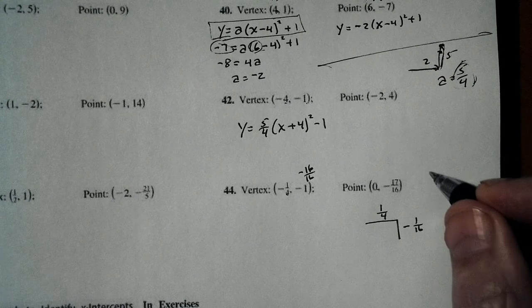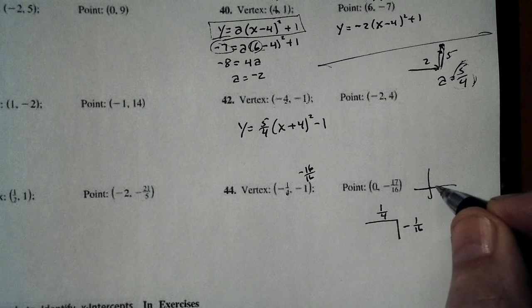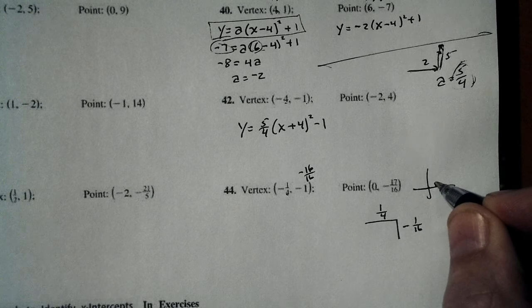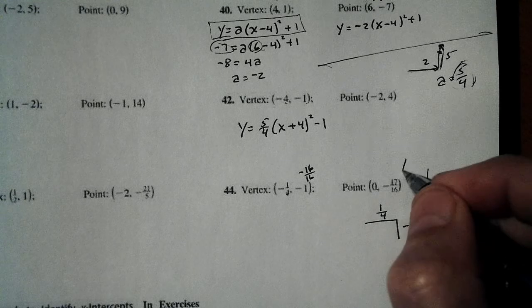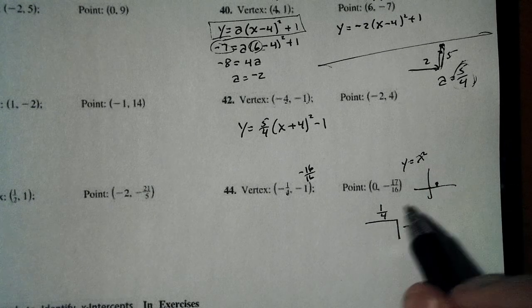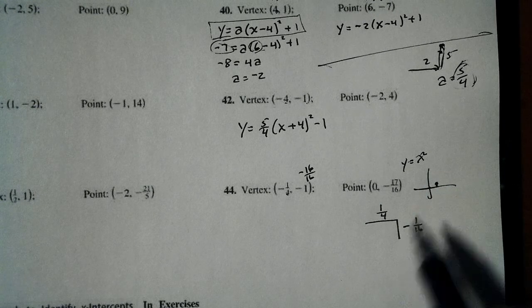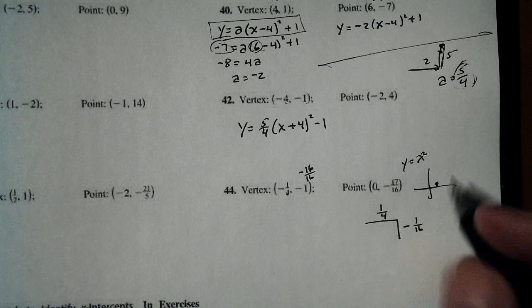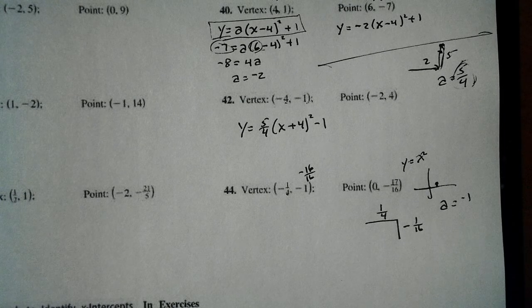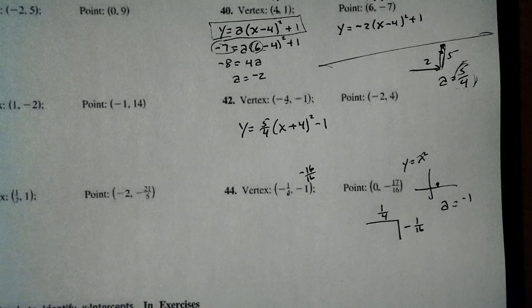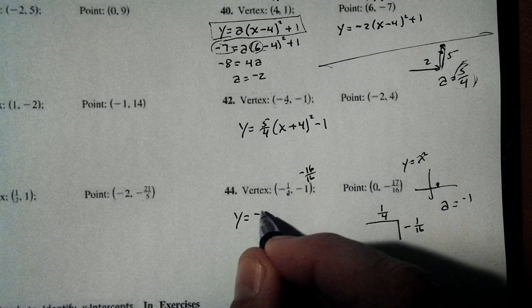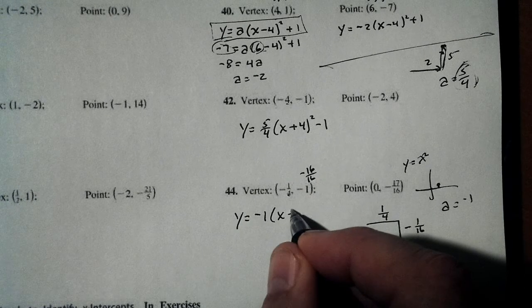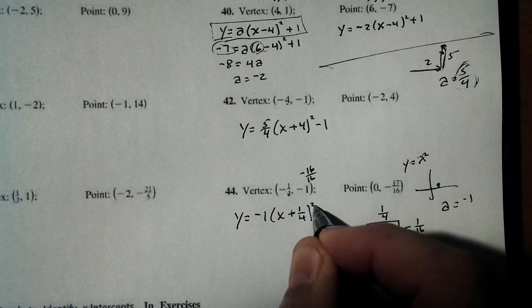Well, what would over 1/4 usually get us? Over 1/4 would just get us up 1/16, because it's y equals x squared for normal. 1/4 squared, up 1/16. This is down 1/16. It's just upside down. A is -1. So y equals -1 times x plus 1/4 squared minus 1.